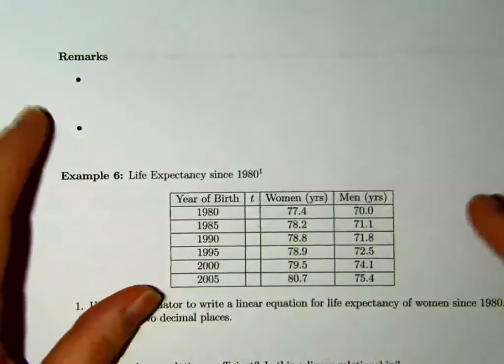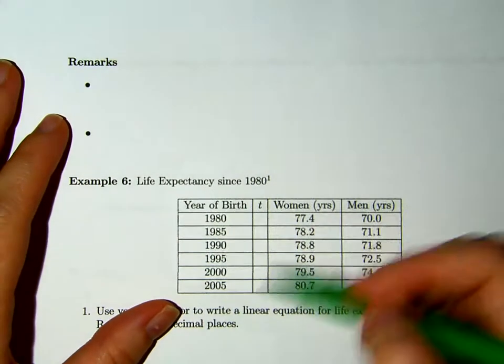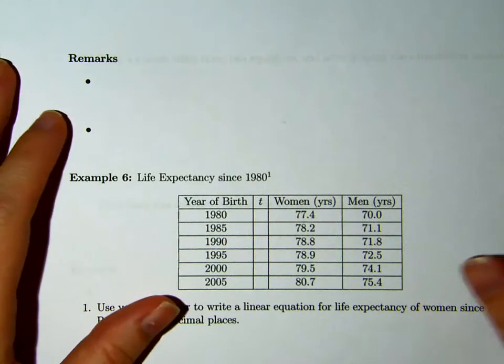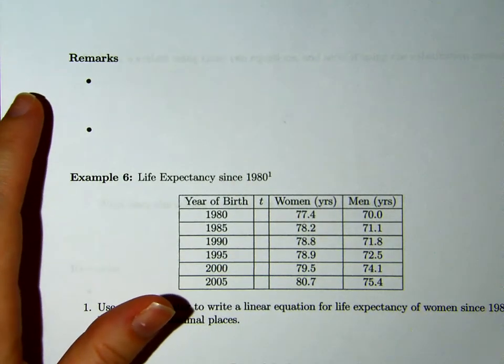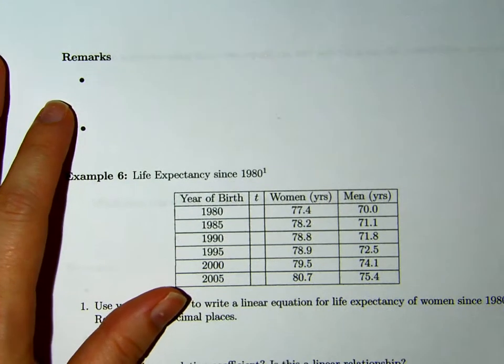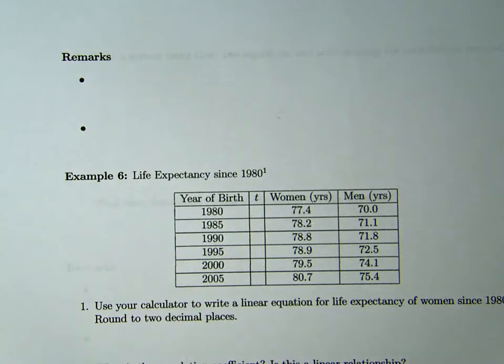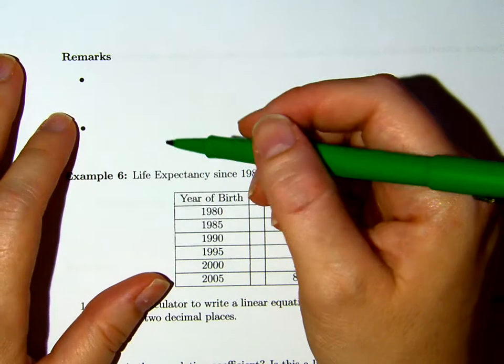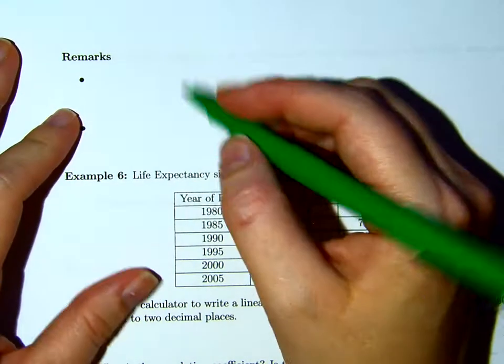A couple of remarks before we do our last example here. It is actually very challenging to get fraction answers without making any mistakes using a table and using a graph.